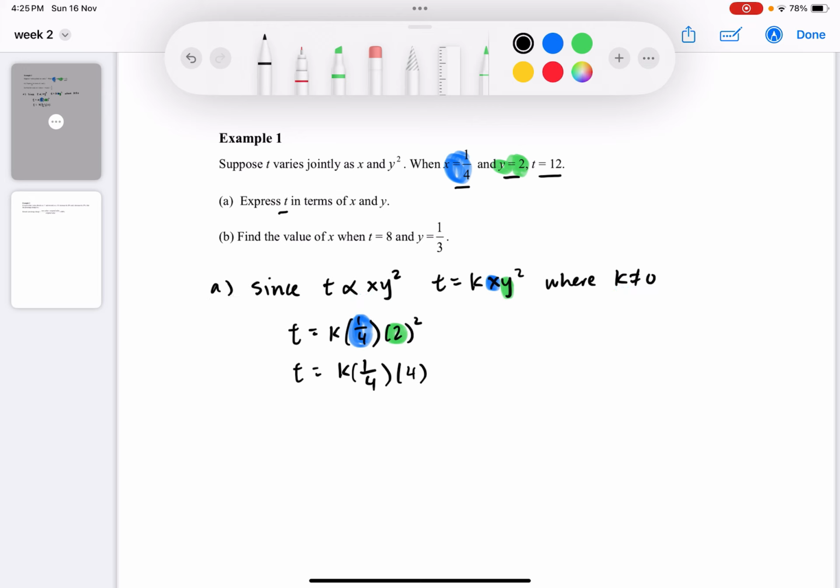And then the t, I forgot. T is 12 in here because we were solving for k. So 12 in here, and then k will be 12 because we can cancel out these two.